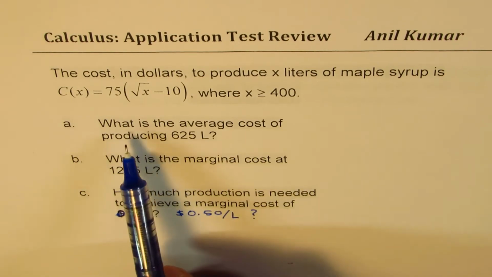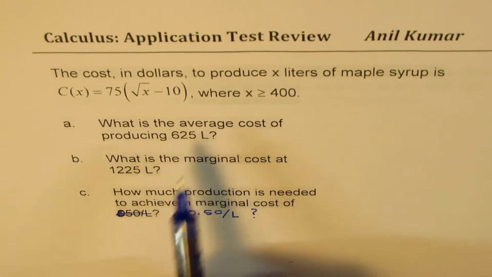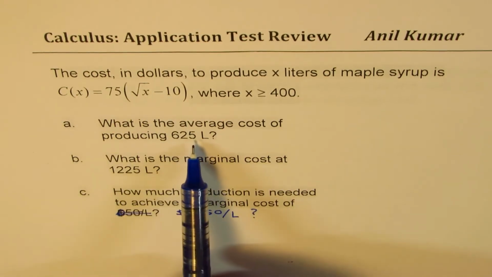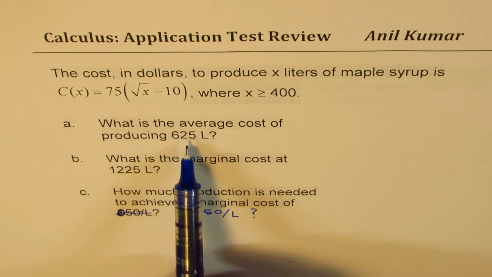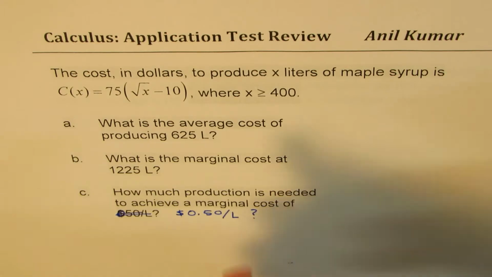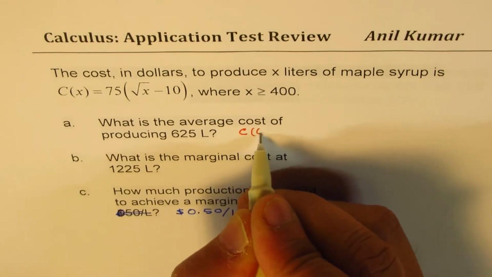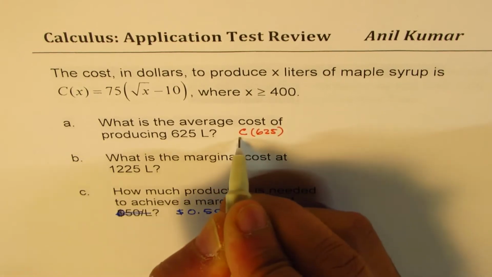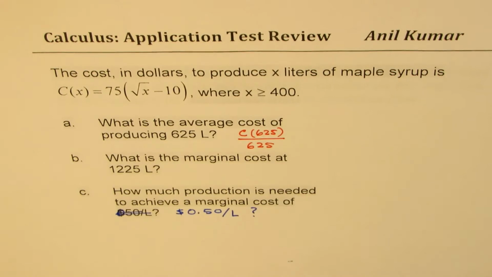So first part of this question is, what is the average cost, right? So total cost we can find for 625 and divide by 625 to get the result, correct? So in the first case, what you need to do is we need to find the cost for 625 liters and divide it by 625. We'll get our answer. Perfect.